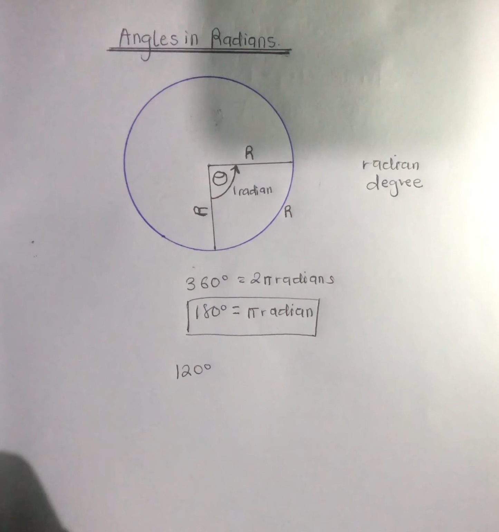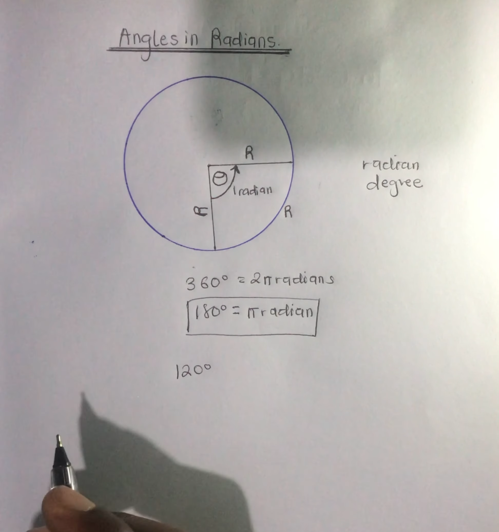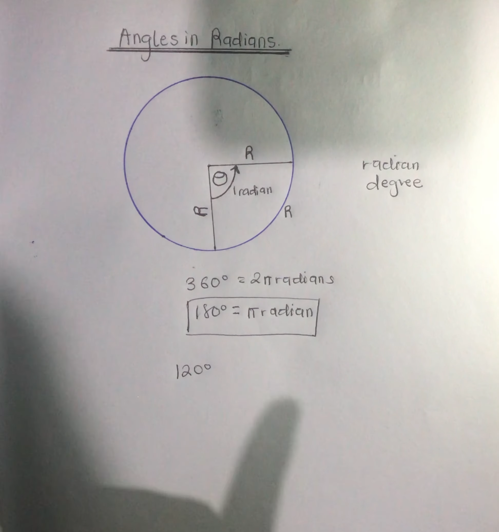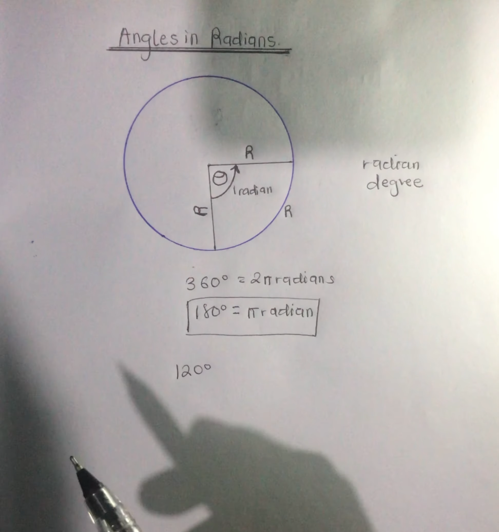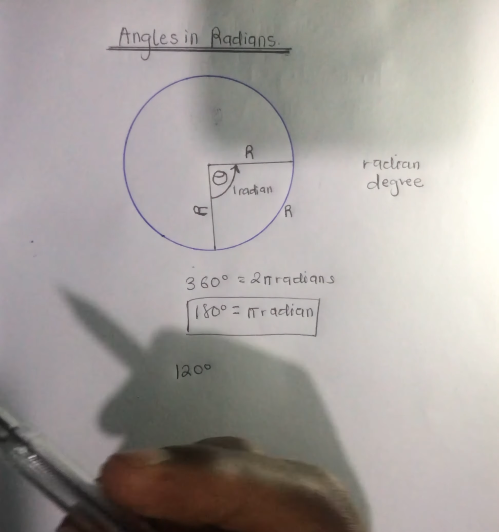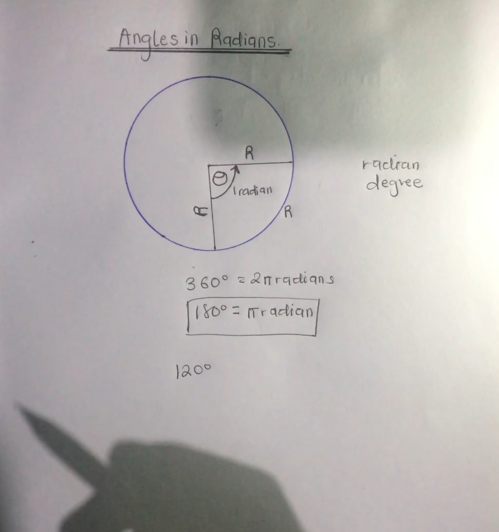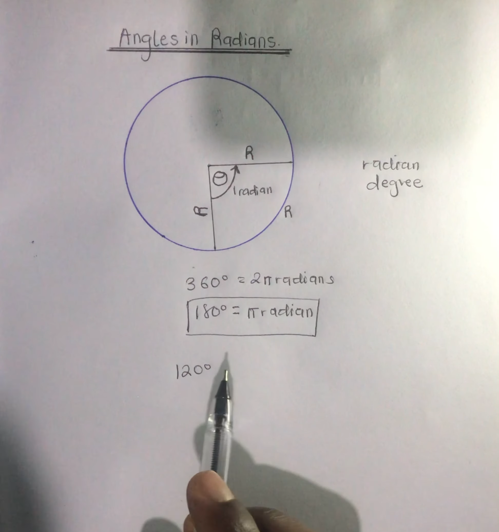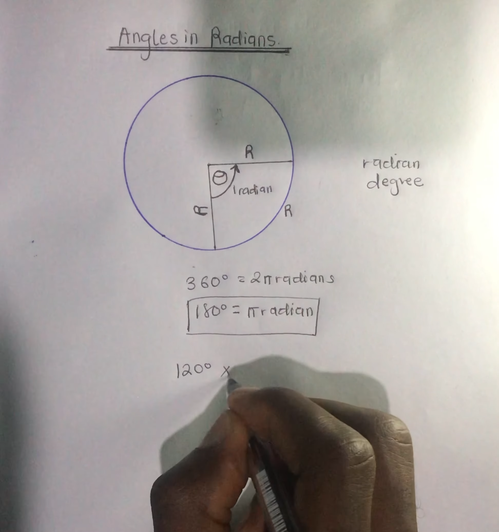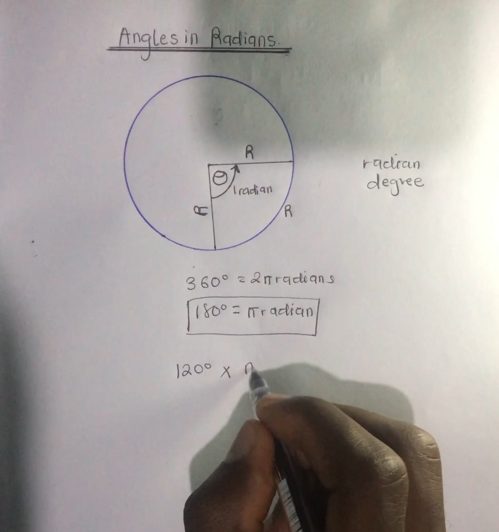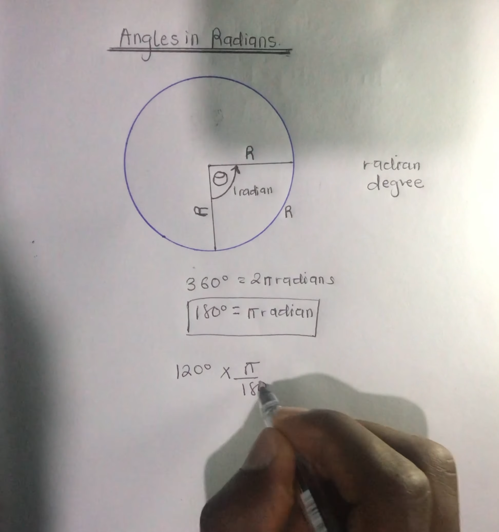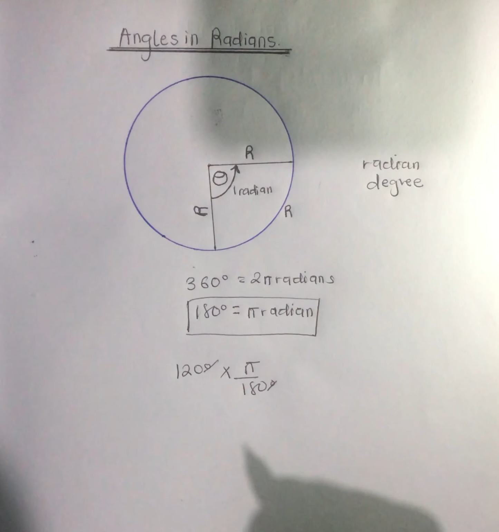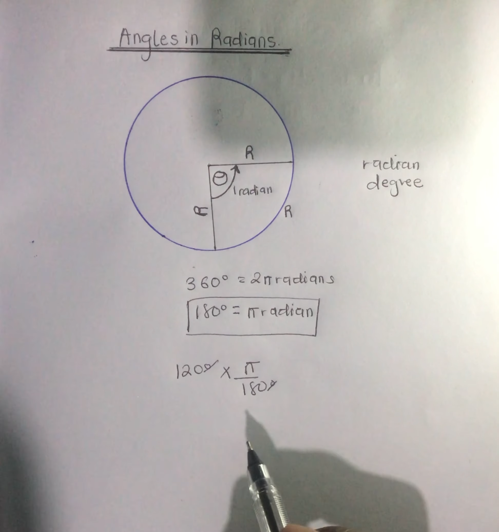We can use ratio and proportion or any other suitable way, but one easy thing we have to employ, which I suggest, is that we take ways to cancel out these degrees, and by doing so we multiply by pi on 180 degrees, and by doing so we easily cancel our degrees, right?